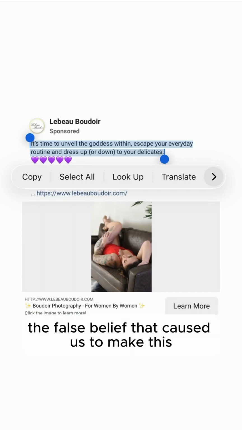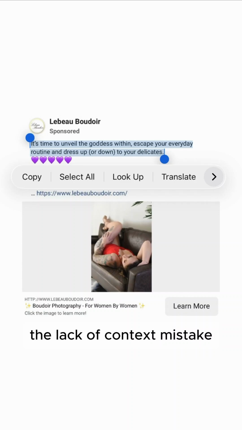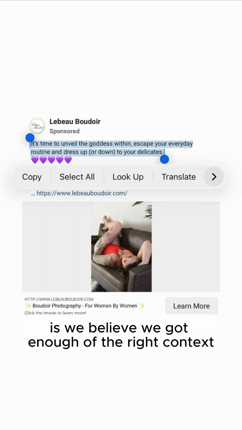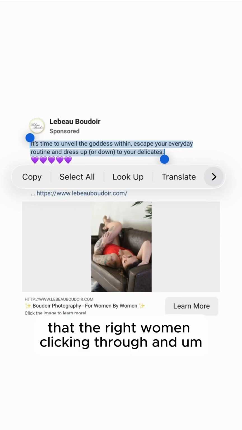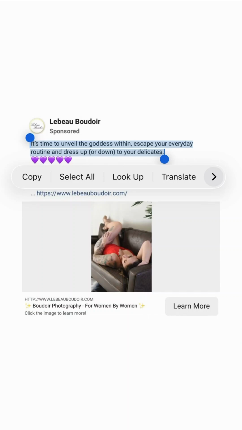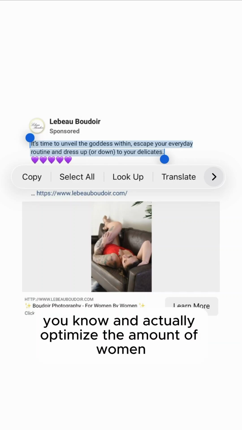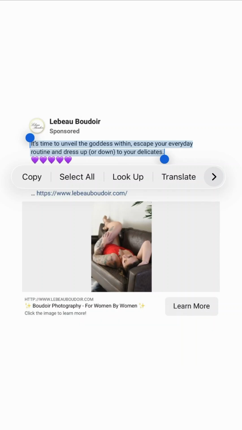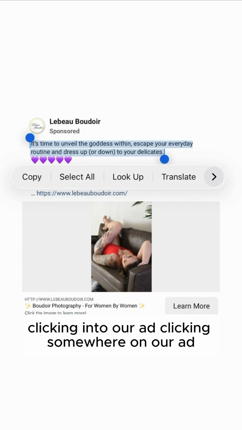So the false belief that caused us to make this lack of context mistake is we believe we got enough of the right context to optimize the amount of the right women clicking into our ad, clicking somewhere on our ad.